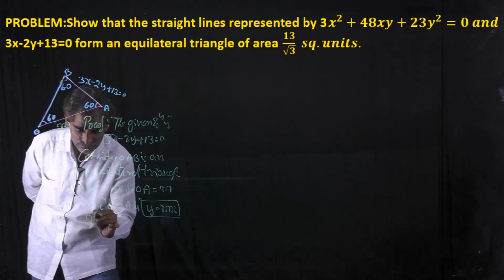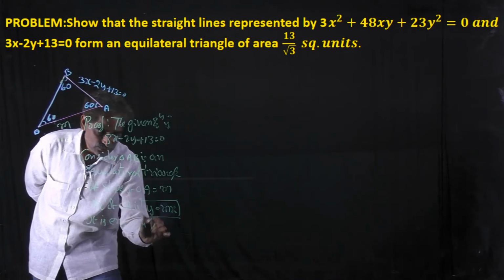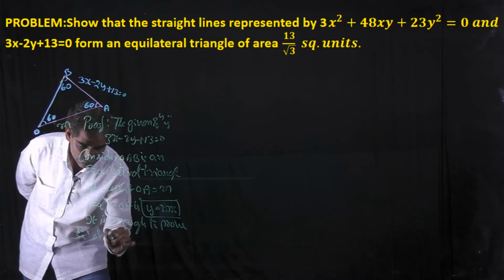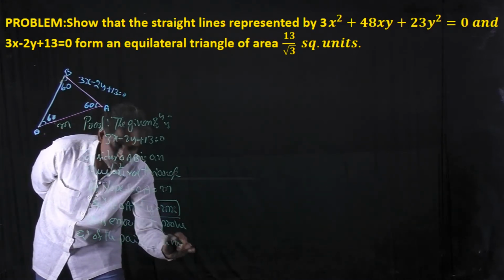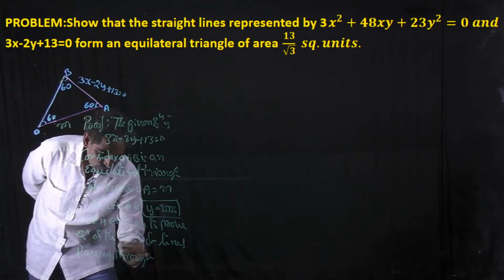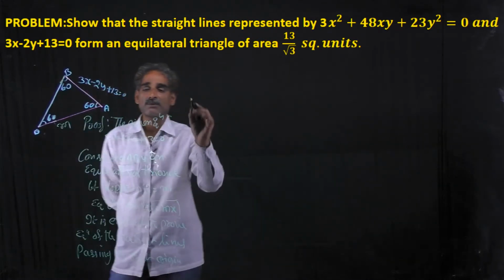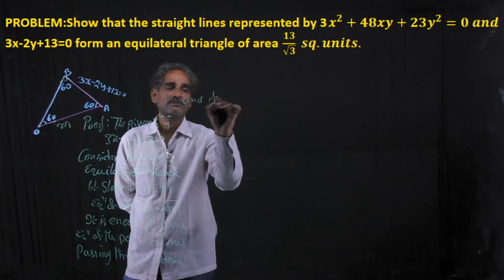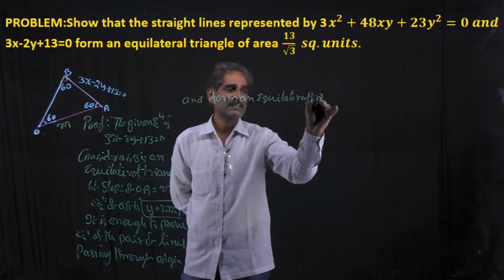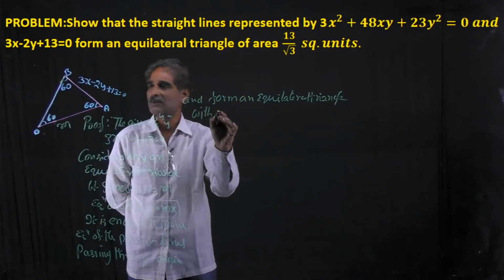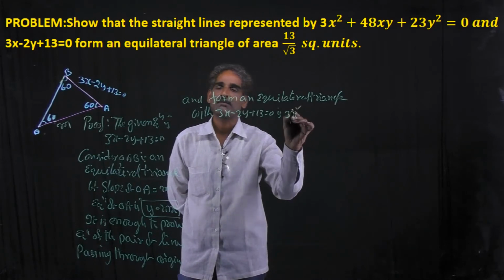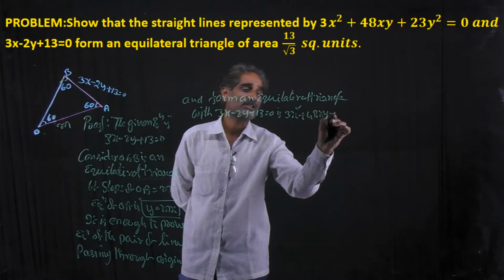It is enough to prove that the equation of the pair of lines passing through the origin and forming an equilateral triangle with 3x minus 2y plus 13 equal to 0 is 3x square plus 48xy plus 23y square.